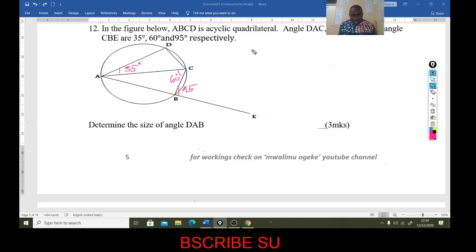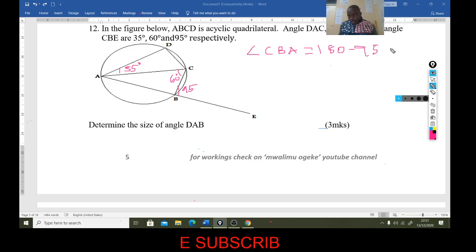So angle CBA equals 180 minus 95, and that gives you 85.